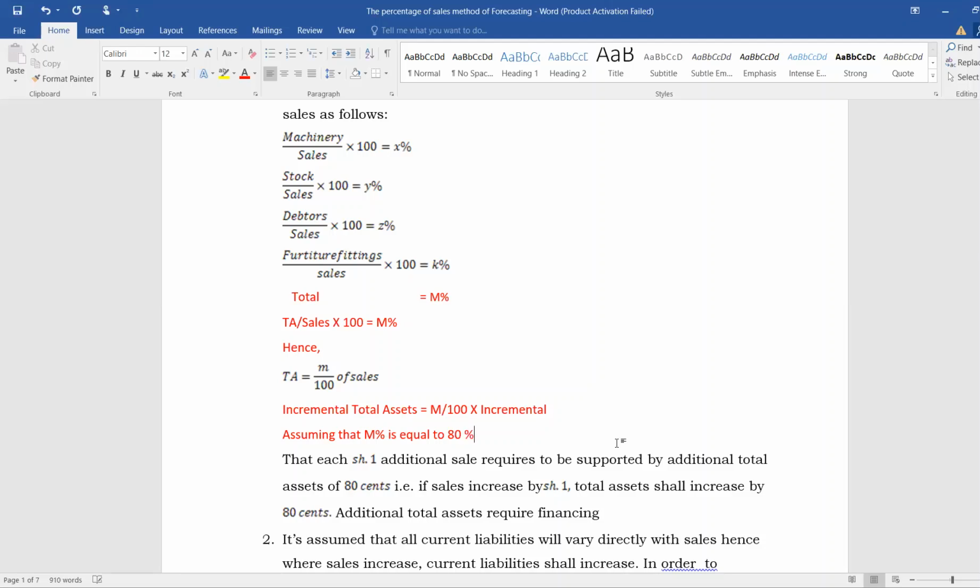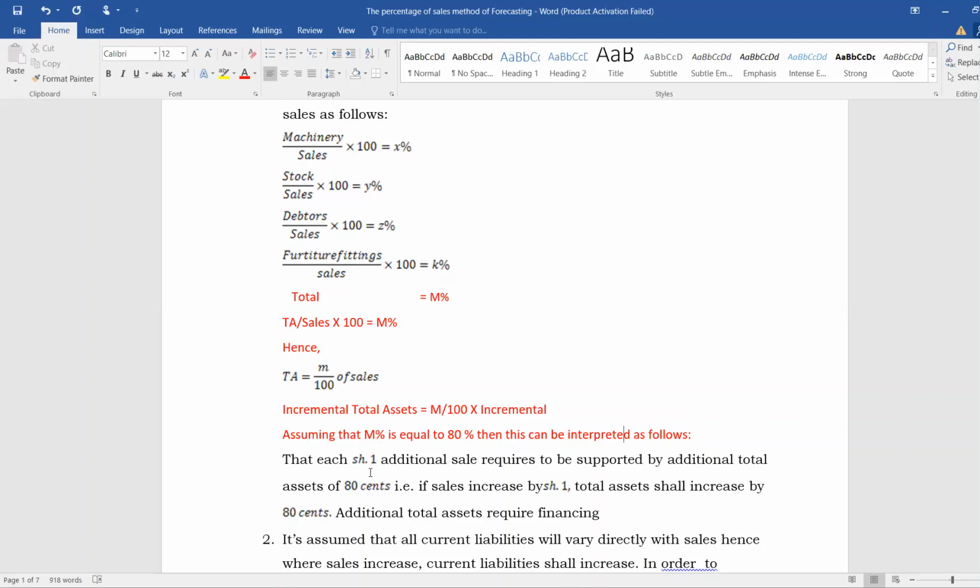Once you worked out those percentages and summed up, ukapata 80%, then this can be interpreted as follows.